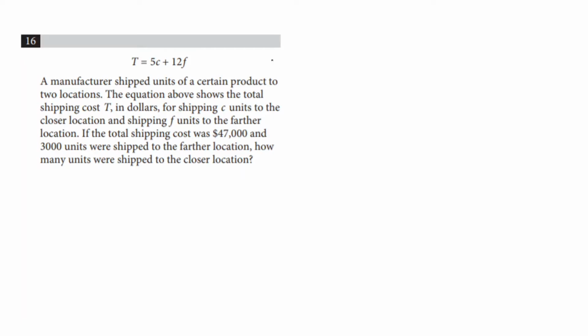Let's see. The total shipping cost was 47K. Alright, so let's write that out. 5C, and 3,000 units were shipped to the farther location. Okay, so let's first write down the closer location. 5C. So 3,000 units were shipped to the farther location.